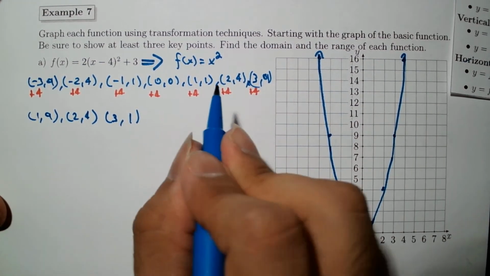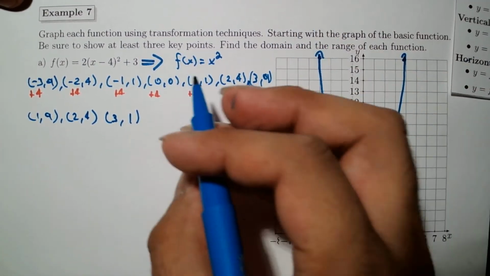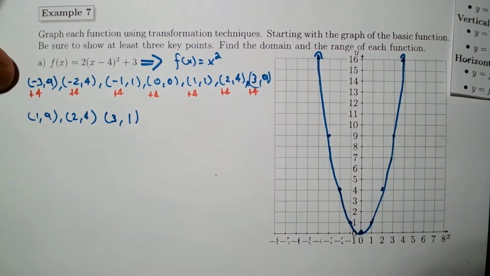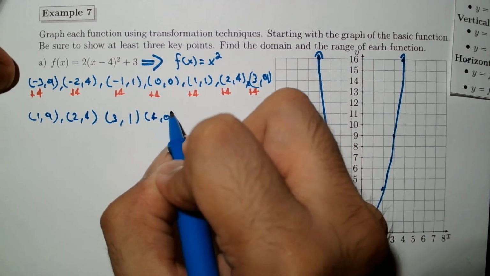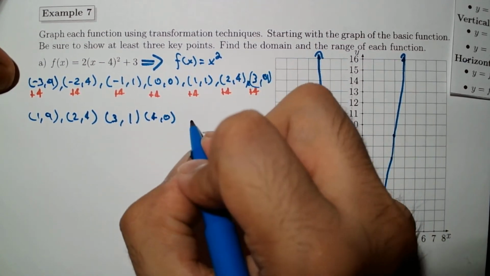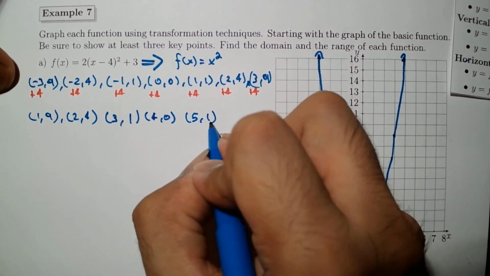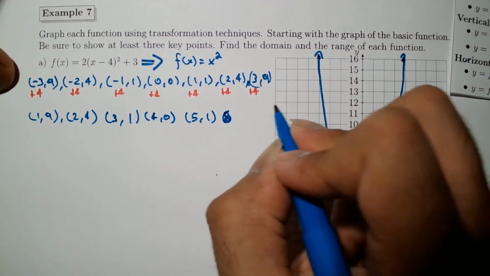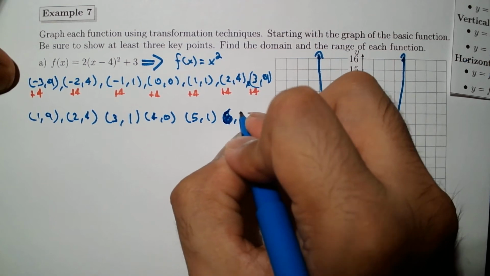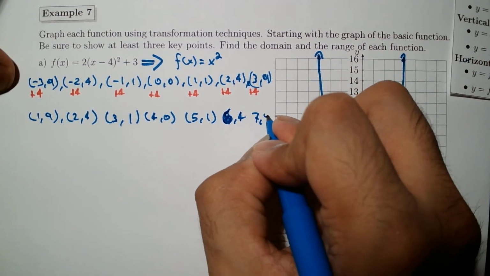The y values remain the same. And then 0 plus 4, that's 4, 0. And then 1 plus 4, that's 5, 1. And 2 plus 4 is 6, 4, and 7, 9.